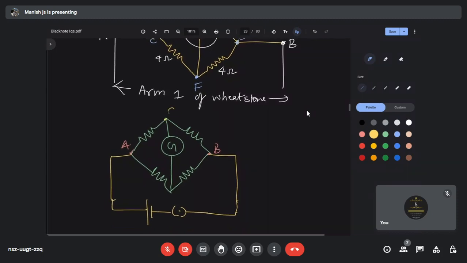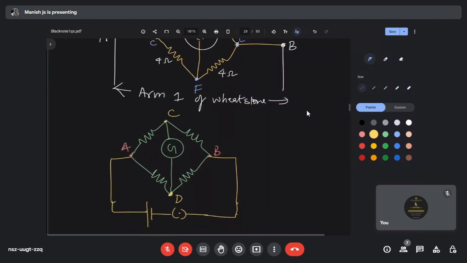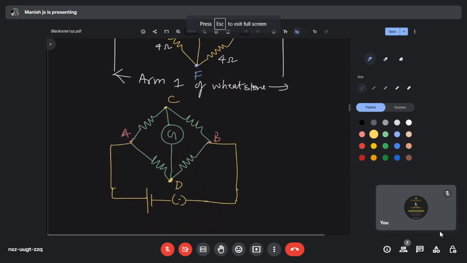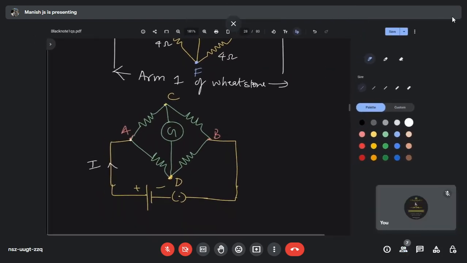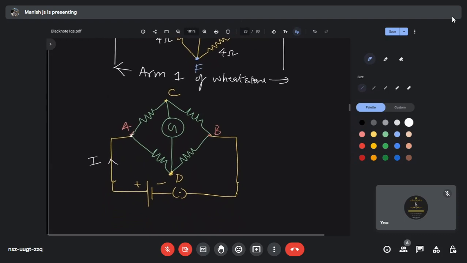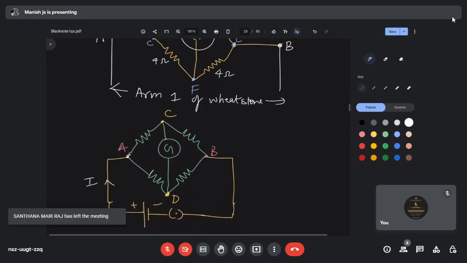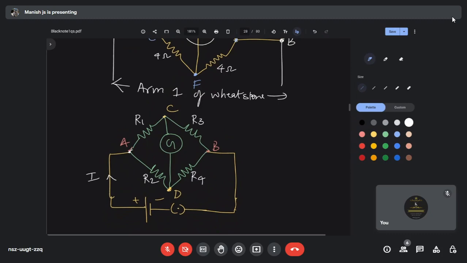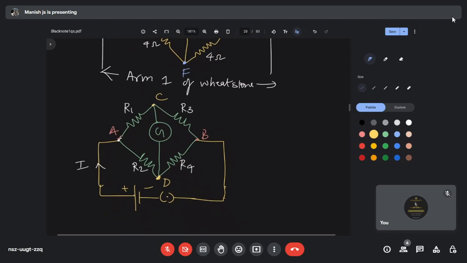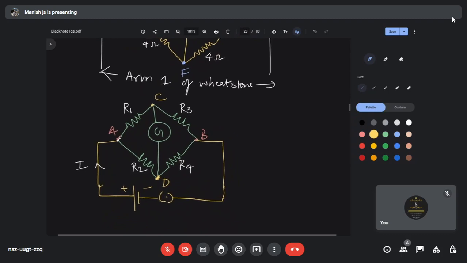I will take this as C and this point as B. Now when I mark the polarities of the cell given here, current I is entering towards node A. Now let me name the resistors: let me take the resistors as R1, R2, R3, and R4.